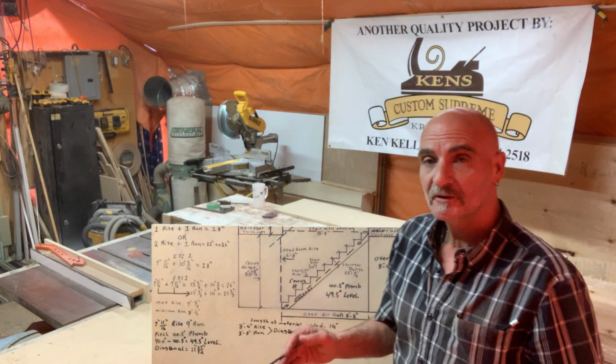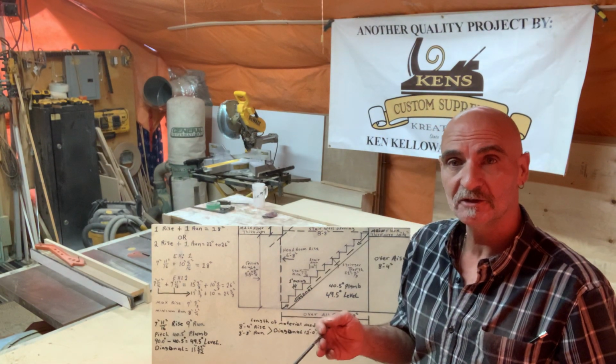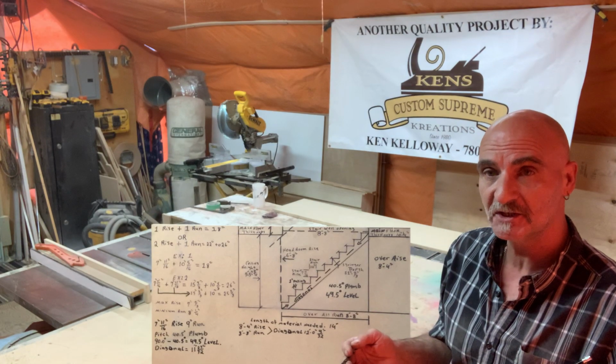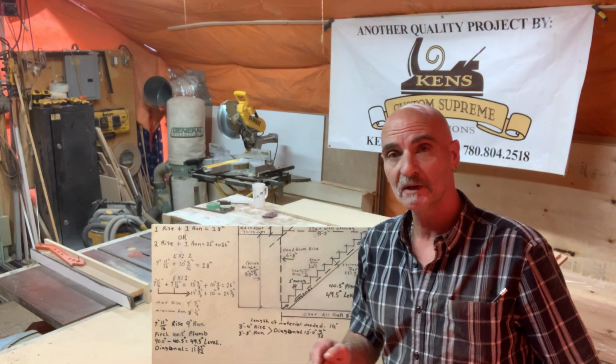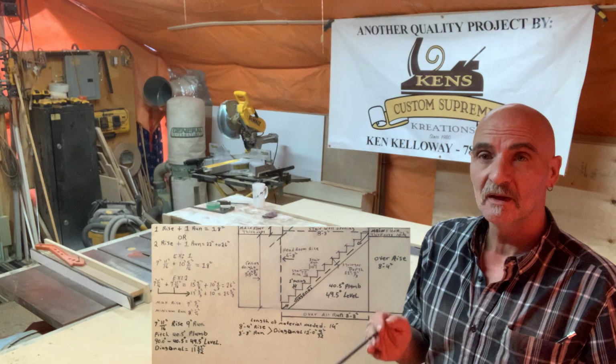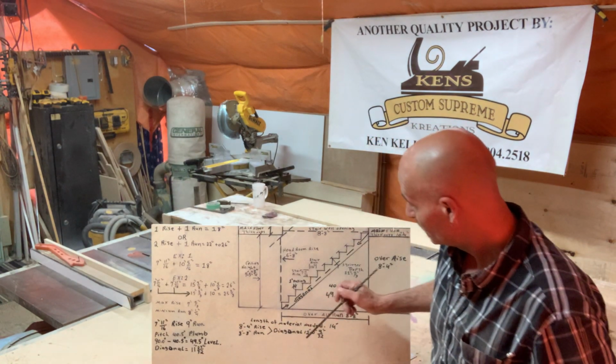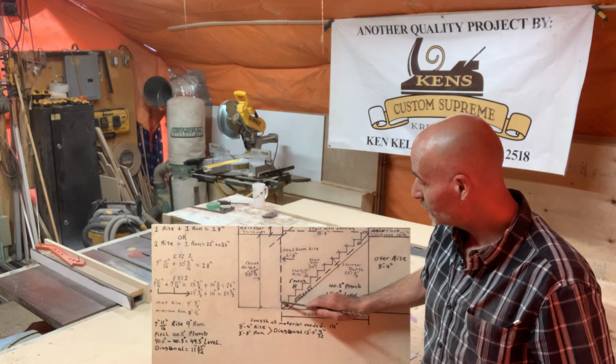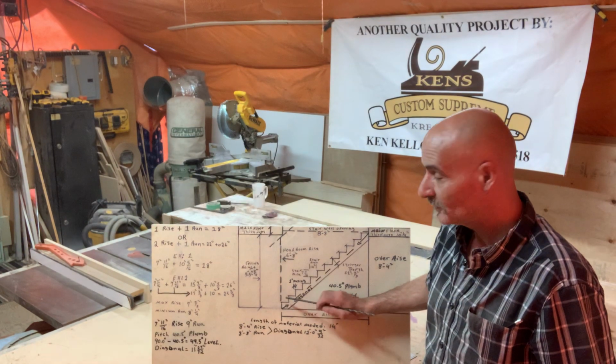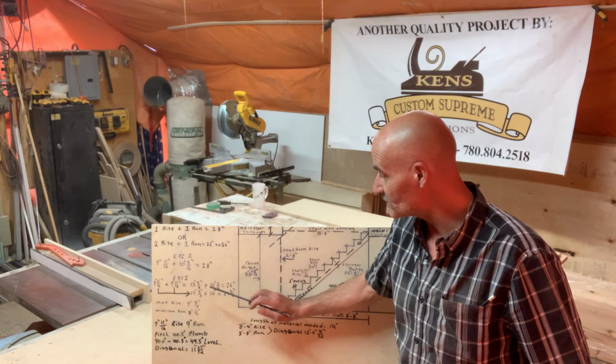Now, this is where you start to figure out some calculations. There's a formula for stairs. There are two types you can use. It's 1 rise plus 1 run equals 18 inches.